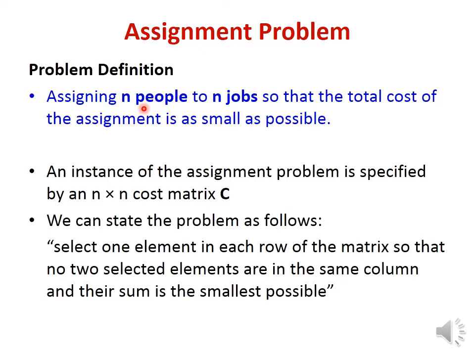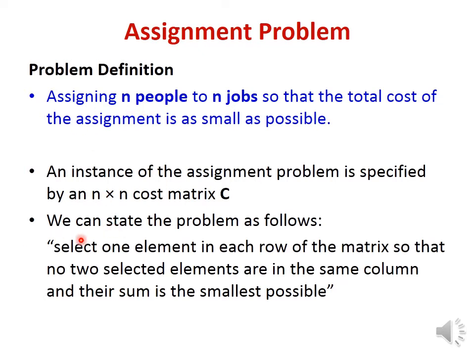Whenever we are doing the assignments, we have to ensure that the total cost is as minimum as possible. So the objective is to minimize the total assignment cost. This is an optimization problem, and further, a minimization problem.